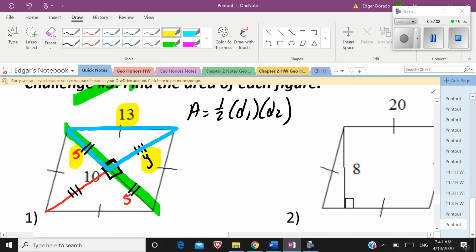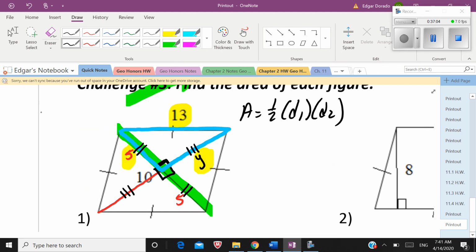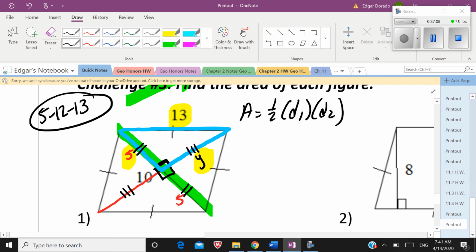This is actually a Pythagorean triple, guys. This is a 5 12 13. So no need for the Pythagorean theorem if you don't want to use it, because this is actually a Pythagorean triple. So my answer for Y is going to be 12. Well, what does that mean, guys? If that's 12, then this is 12. So what do I now know?